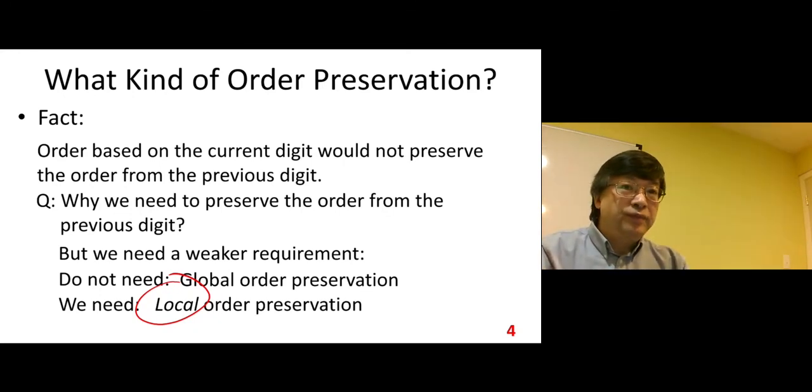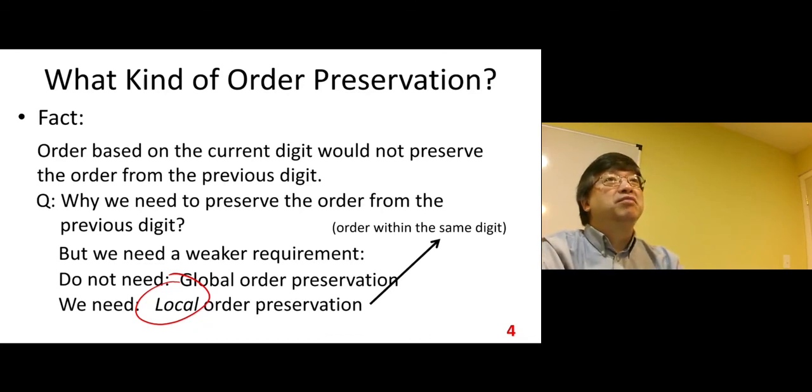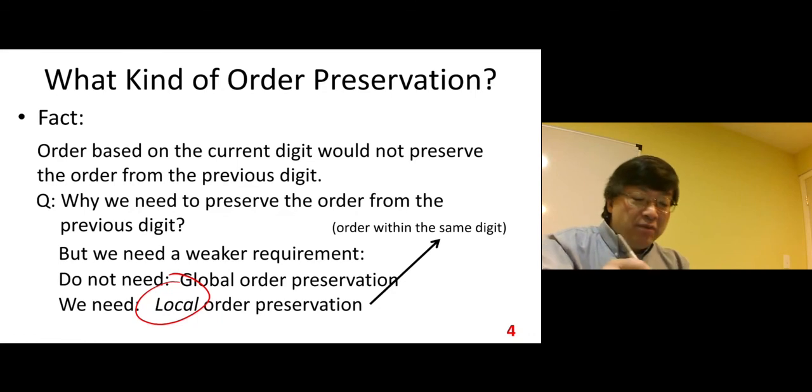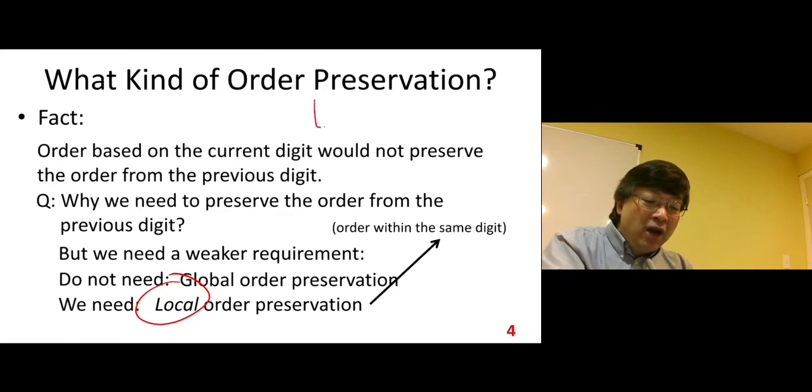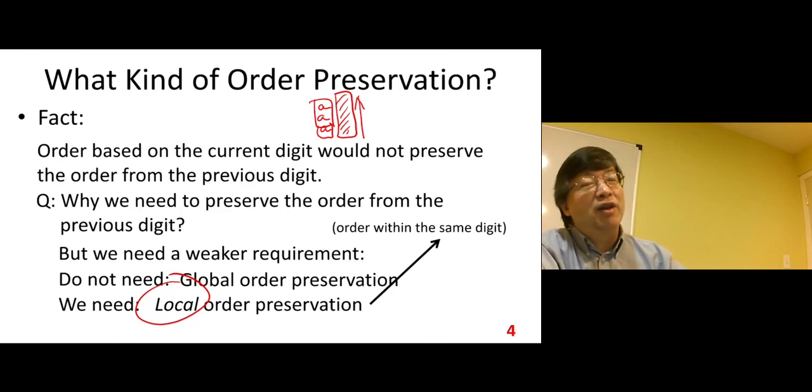It is order within the same digit. Only when the current digit is the same, so A here, A also here, right? Within the same digit. Let's look at another A, all right, 3 numbers. Then order from the previous digit is preserved. That's the local.